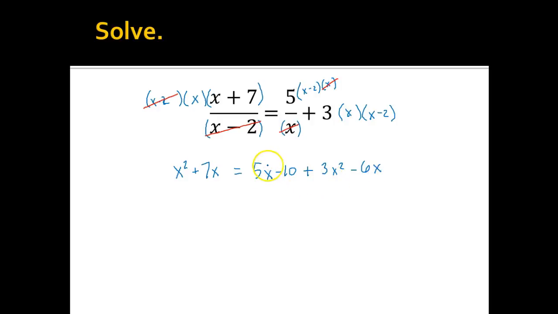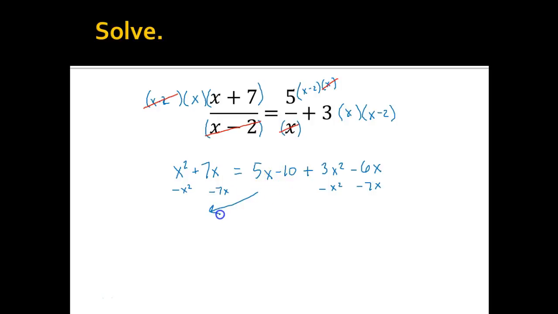Okay, now I am going to combine like terms. I probably should do that first, but I'm going to go ahead and be a little bit lazy. I'm going to subtract an x squared from both sides, subtract a 7x from both sides, so minus x squared minus 7x, so that I can get all my terms on one side.